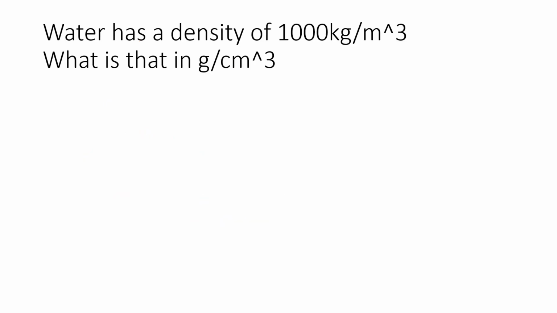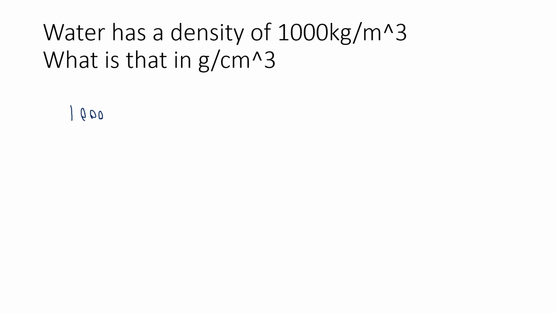And the same thing works with density. So water has a density of 1,000 kilograms per meter cubed. So what is that in grams per centimeters cubed? Well, how many grams in a kilogram? 1,000. Sorry, let me rewrite that.